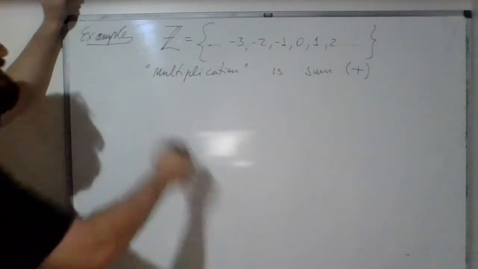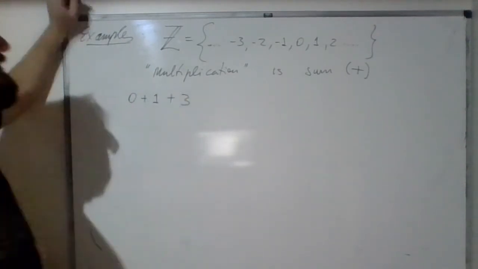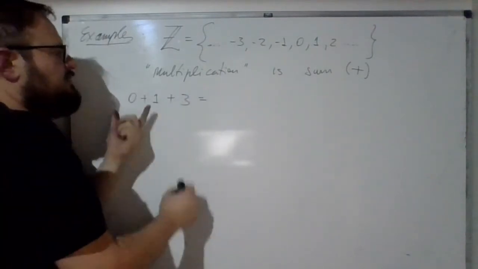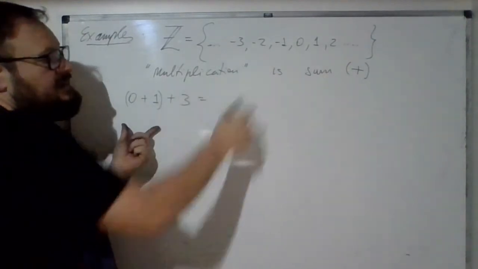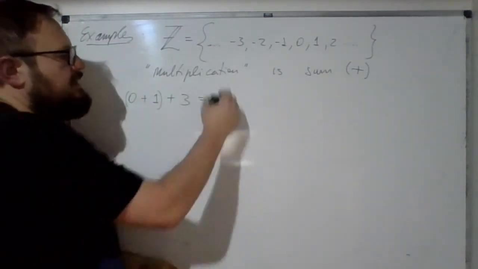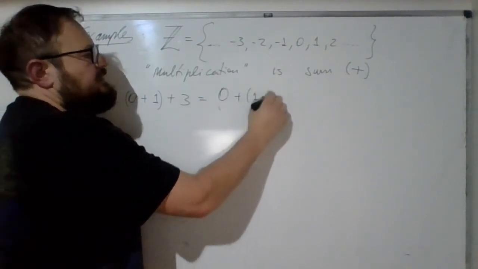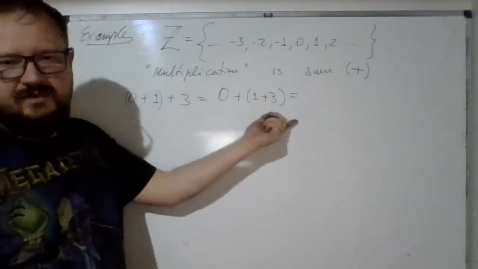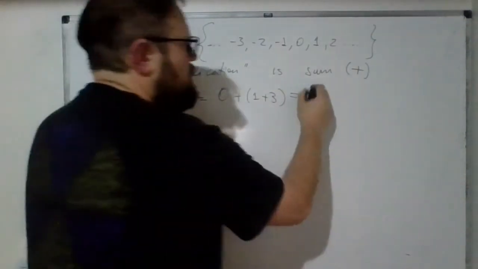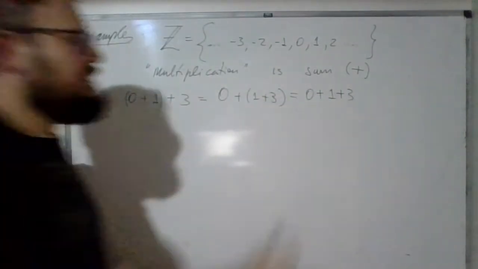Notice that it satisfies all the requirements of a group. It is associative because you can sum 0 plus 1 plus 3, for instance. You can associate 0 plus 1 and in the next step sum the 3, or you can perform 0 plus 1 plus 3. So you don't need to specify the order for the sum of integers. You can just write it 0 plus 1 plus 3, and it will produce 4.